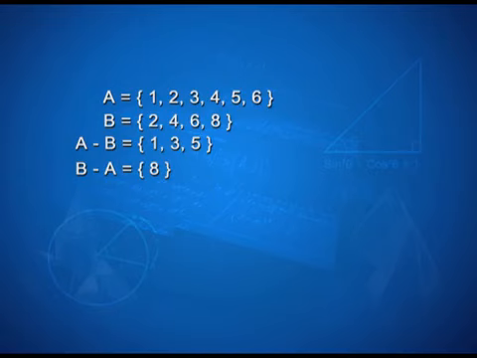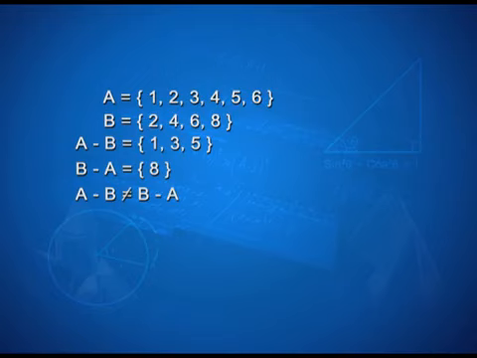B minus A will be the set of elements which belong to only B but not A. And we can see that B minus A will be the set containing the element 8. It is noteworthy here that A minus B does not come out to be equal to B minus A.